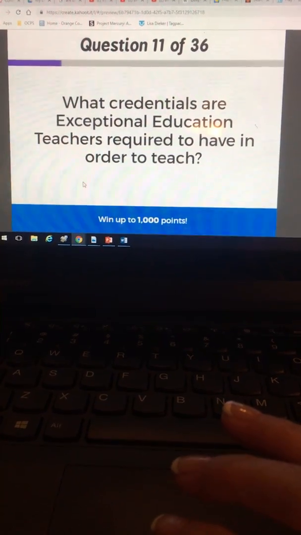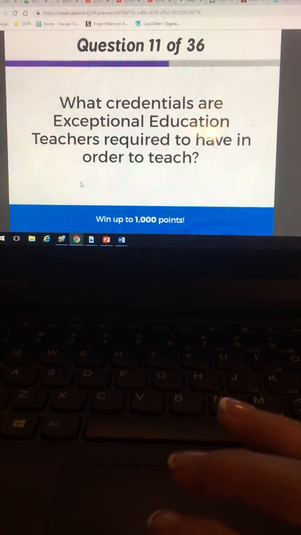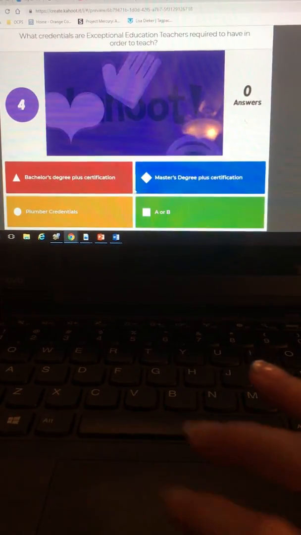What credentials are exceptional education teachers required to have in order to teach?